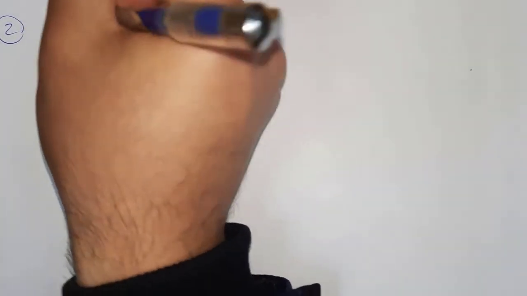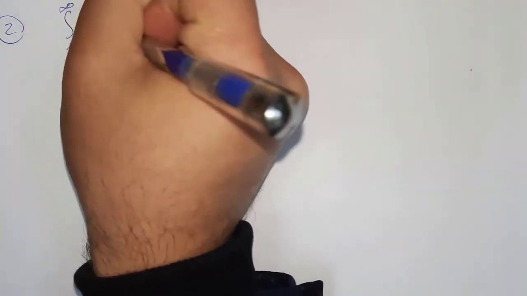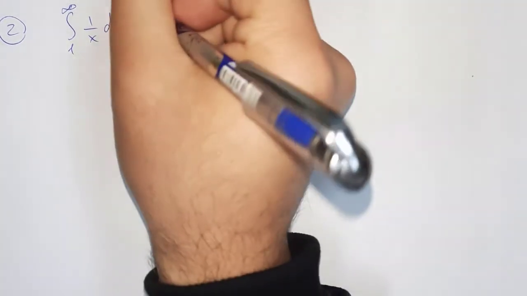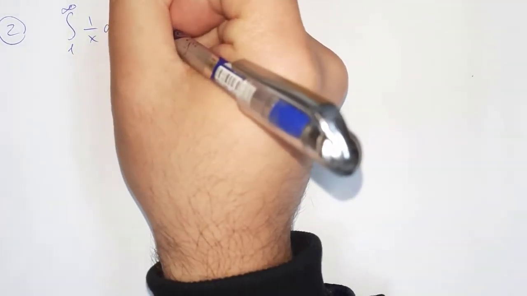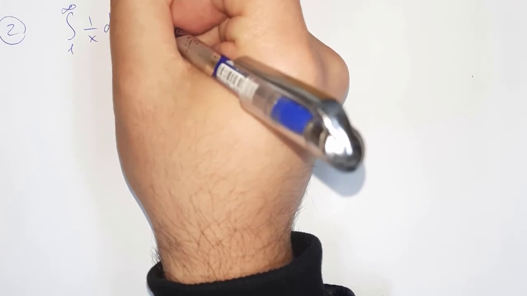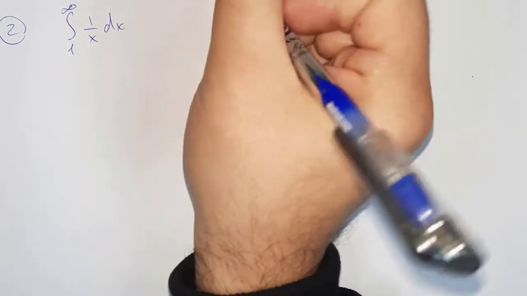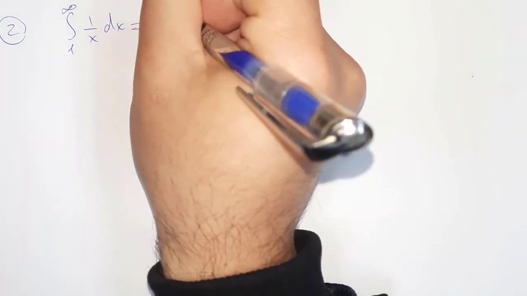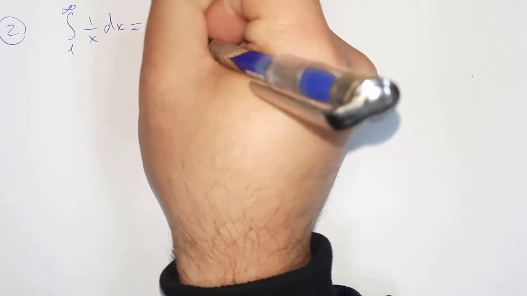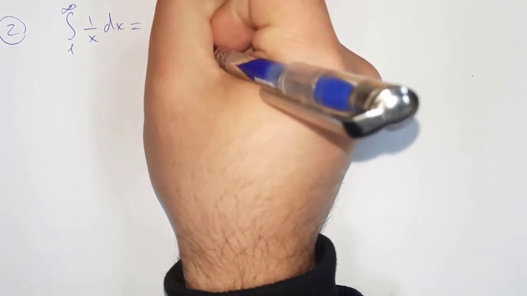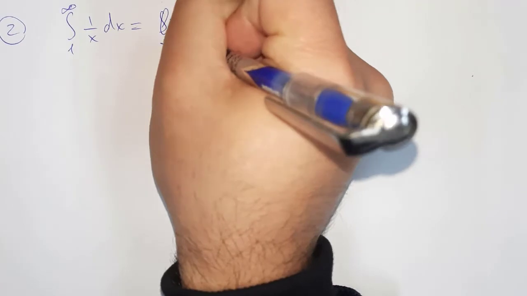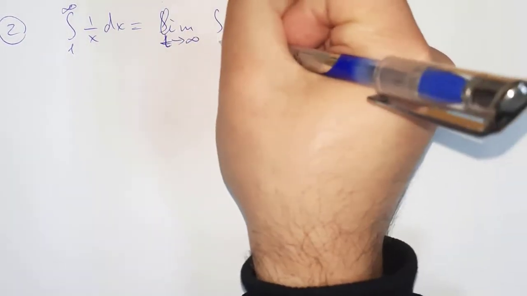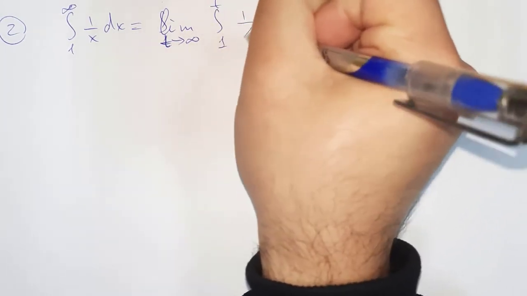Integral from 1 to infinity of 1 over x dx. First thing we do is convert the integral to a limit. Yeah, so we have here integral from 1, let's write just limits directly. Limit t tends to infinity, and here integral from 1 to t of 1 over x dx.